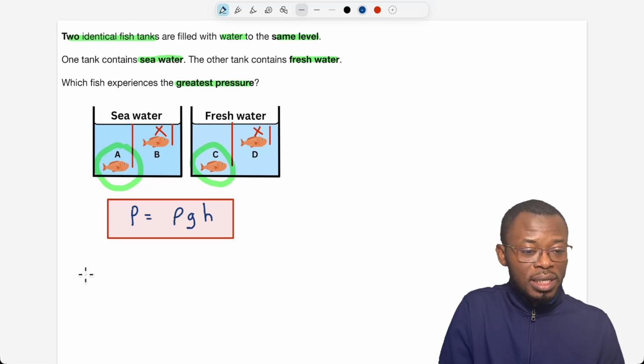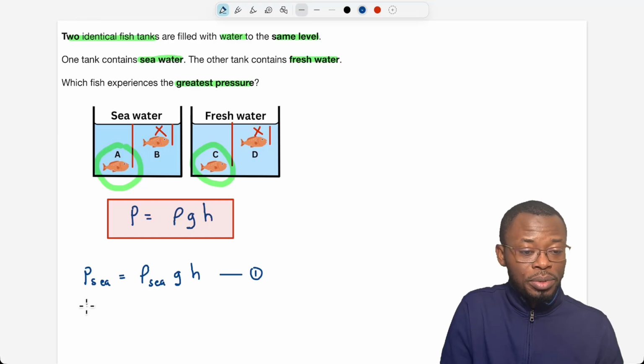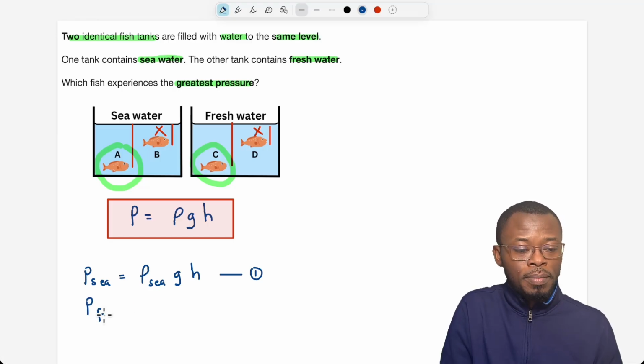So for the seawater, the pressure at that depth is going to be the density of the seawater times the acceleration of free fall times the height. So let's call this equation number 1. In the same sense for the fresh water, the pressure is going to be the density of the fresh water times the acceleration of free fall g times the height or the depth. Let's call this equation 2.